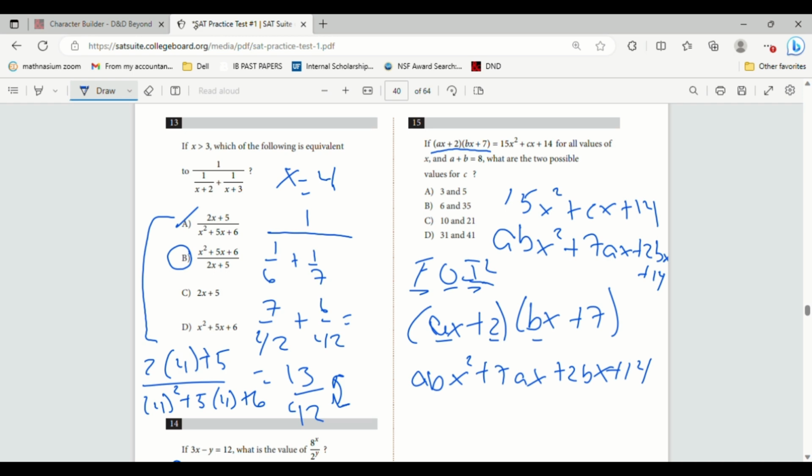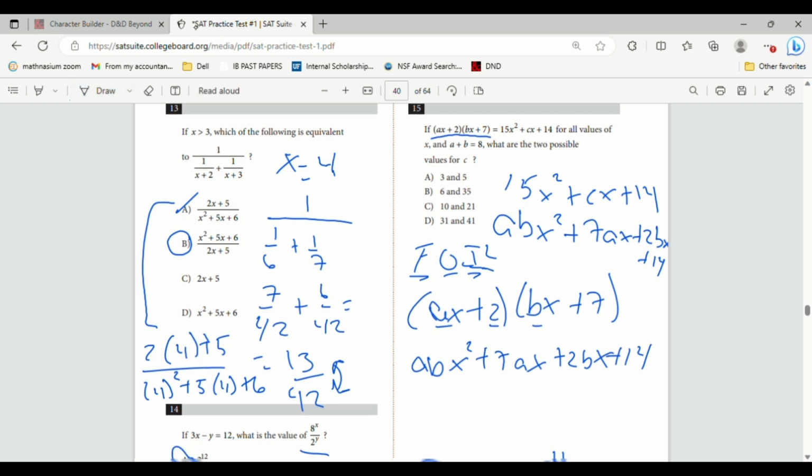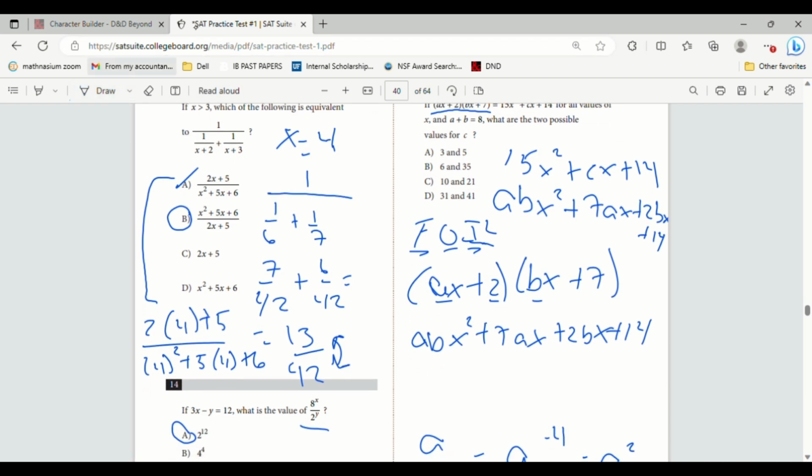What this is saying is that a times b equals 15. So we have a times b equals 15, and a plus b equals 8. So what two factors multiply to get 15? Well, 3 and 5. And 3 and 5 makes sense because 3 plus 5 equals 8. So we know that a and b equal 3 and 5.